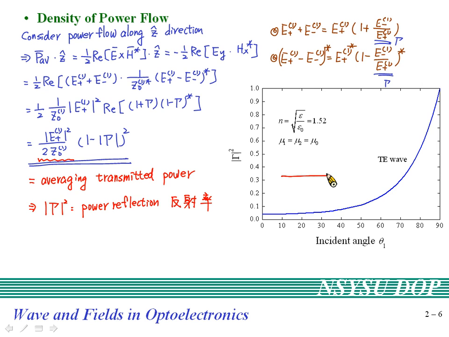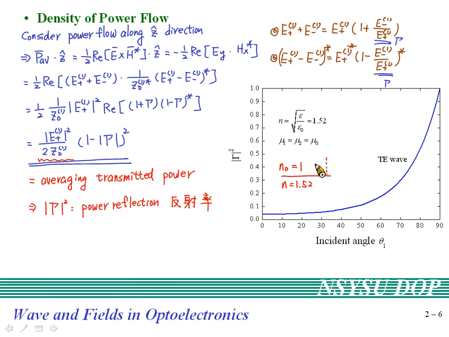Above is the material with index 1, and here is the index of 1.52. And we have the normal vector defined as this.